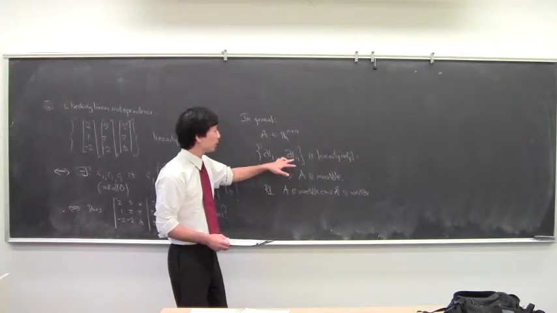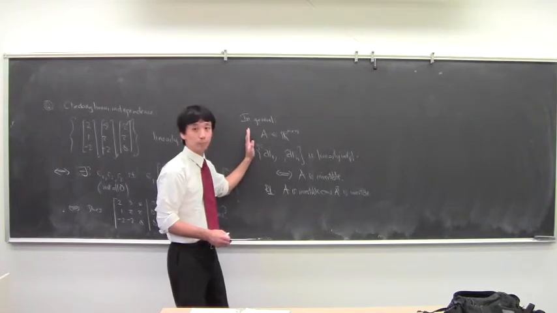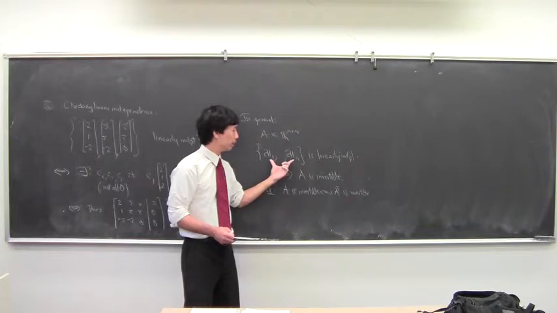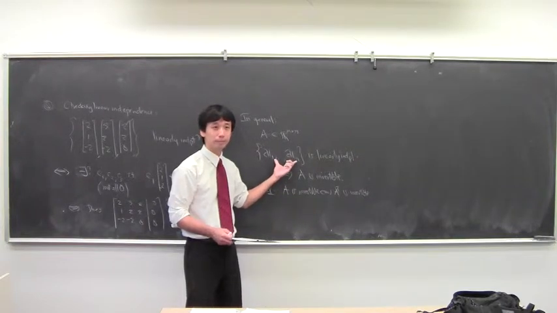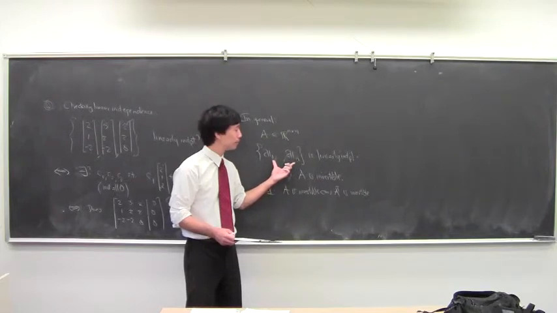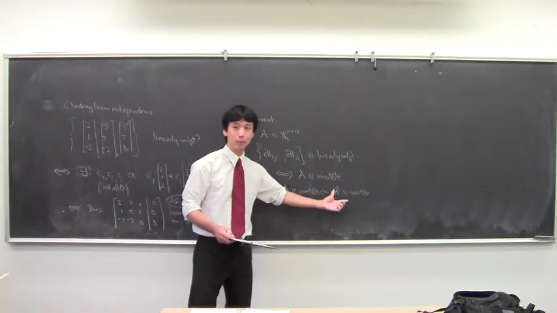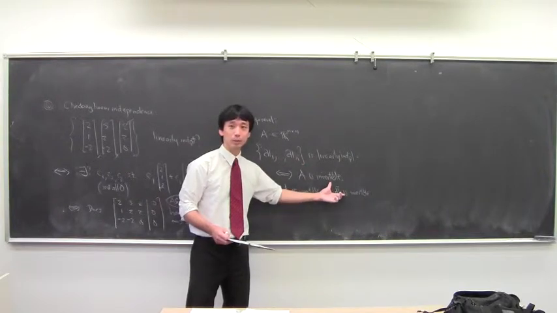So if we go back to the previous fact, the columns are independent if and only if the matrix is invertible. The matrix is invertible if and only if the transpose is invertible, which is equivalent to the columns of the transpose being independent.